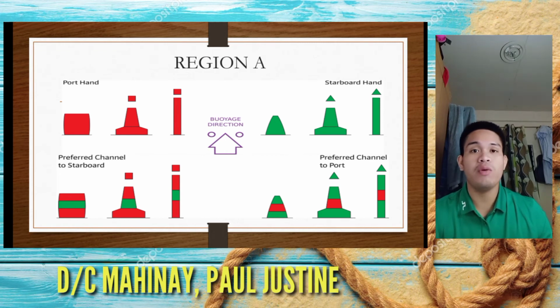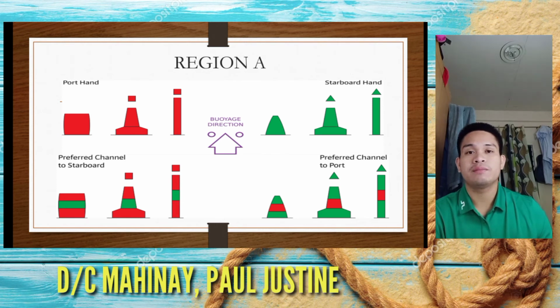Next is preferred channel. On region A, the preferred channel to port is color green with one broad red band, shape conical, pillar or spar.